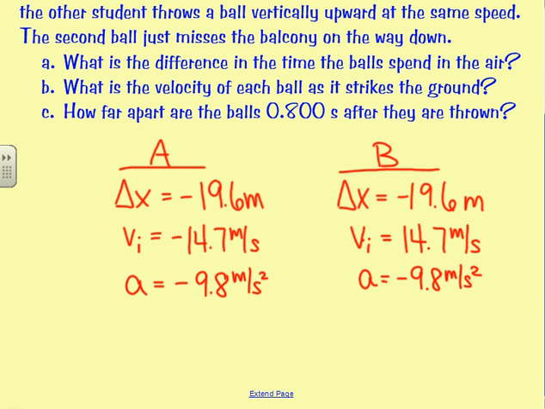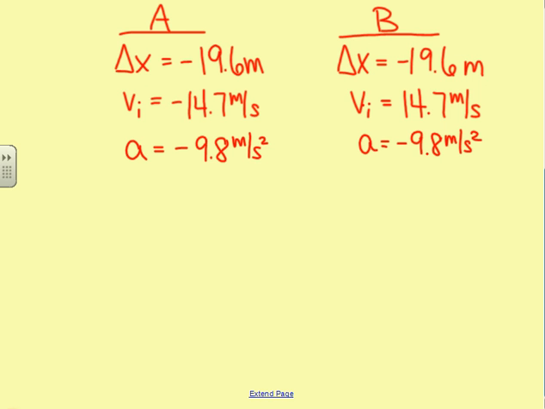Part A, what is the difference in time the balls spend in the air? So for part A, I'm looking for time. And really I'm looking for the time of A minus the time of B. Or maybe vice versa. I want to get my difference in time to be positive. So we'll take the larger number minus the smaller number.